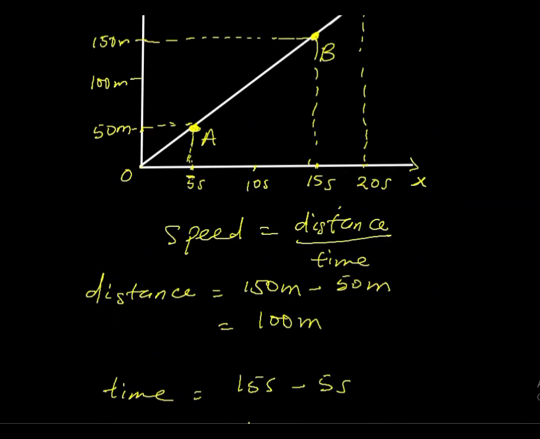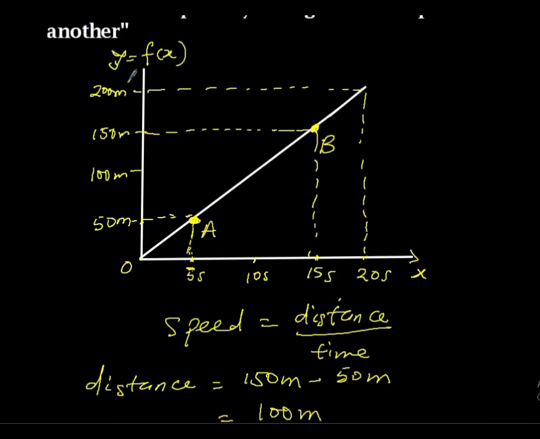I'll show you something here. Remember, y represents distance here and x represents what? Time. We can use the formula of the slope or gradient of a straight line given 2 points to find the speed. So a shorter way is just simply to find the slope of this straight line here.